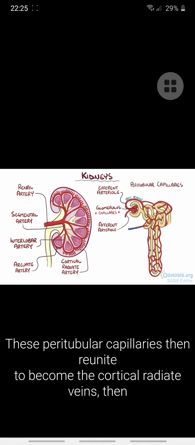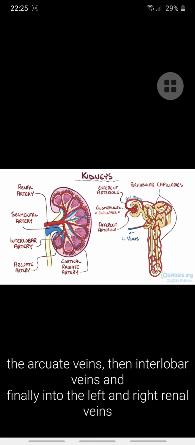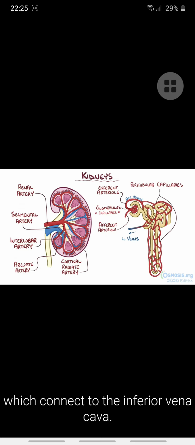These peritubular capillaries then reunite to become the cortical radiate veins, then the arcuate veins, then interlobular veins, and finally into the left and right renal veins, which connect to the inferior vena cava.